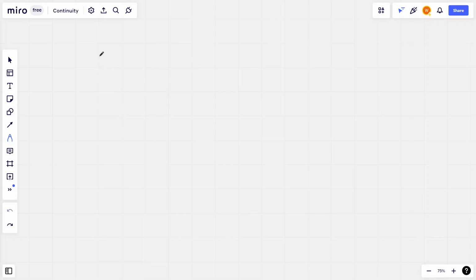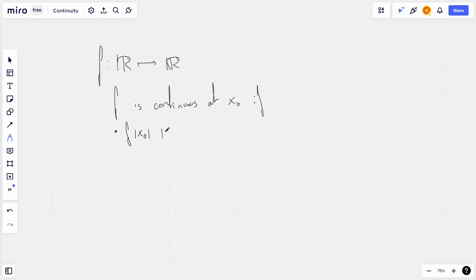Say we have a function mapping from reals to reals, for example. Then we say that f is continuous at some point x0 if, and then we have three conditions. Firstly, we want f of x0 to exist.